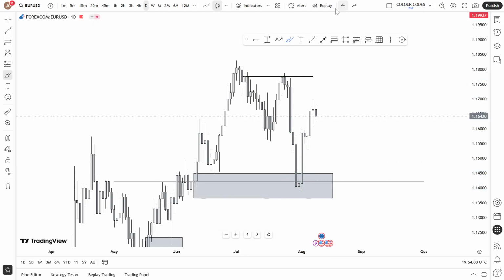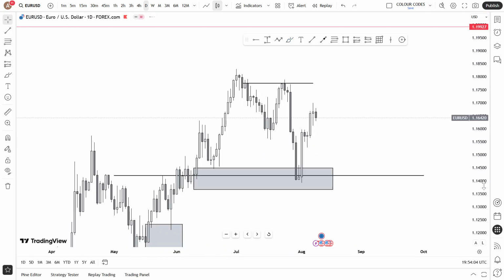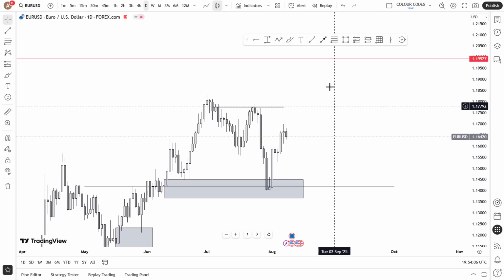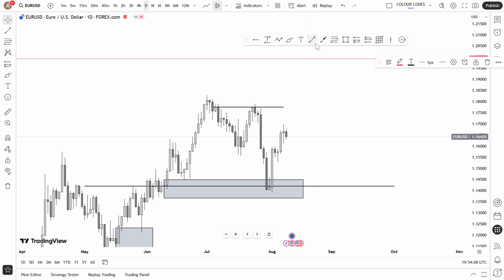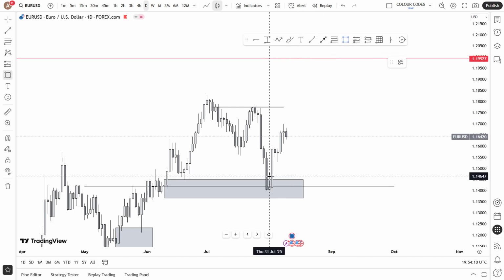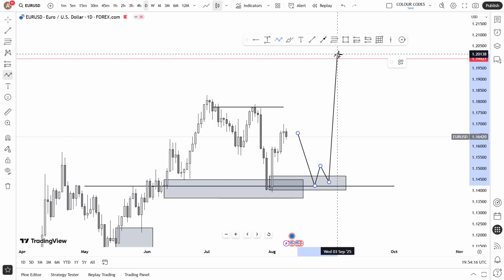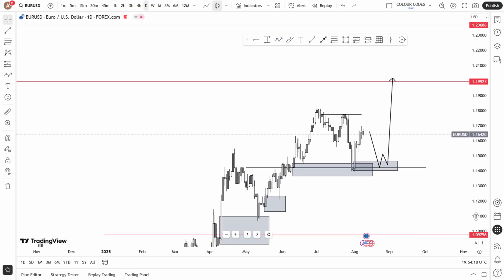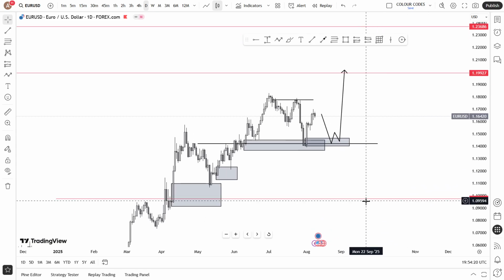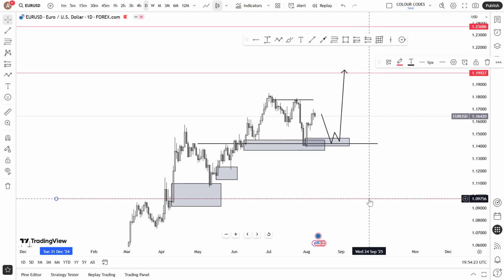On a daily time frame, you can see the daily order blocks have been respected most of the time. And we have our long-term target to be the red line here. So I think USD will give some sells and then buy something like this. Or better still, remember we had this particular 3 months fair value gap down here.